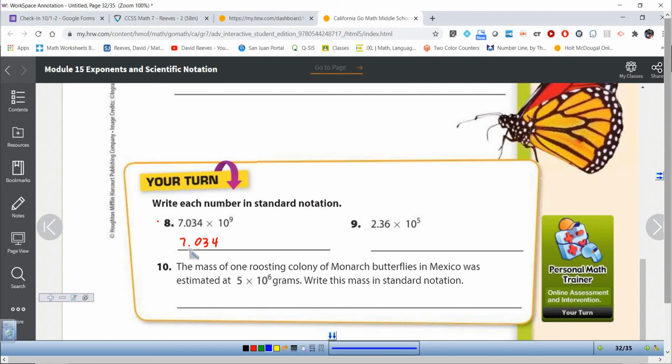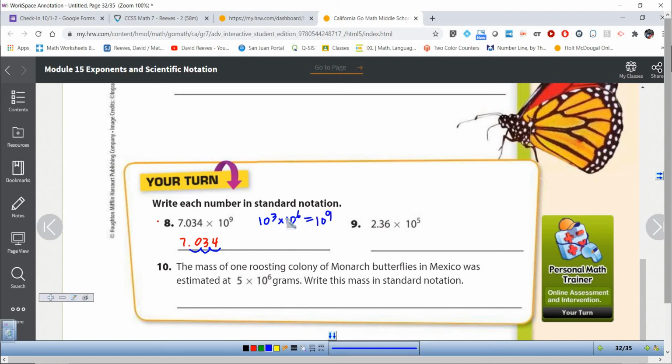Well, if I move it here, that's 10 to the 1st power, that's 10 to the 2nd power, that's 10 to the 3rd power. So when I change it from 7.034 to 7,034, I have multiplied by 1,000, right? That's 10 to the 3rd. But as you guys know, 10 to the 3rd times 10 to the 6th is 10 to the 9th, right?